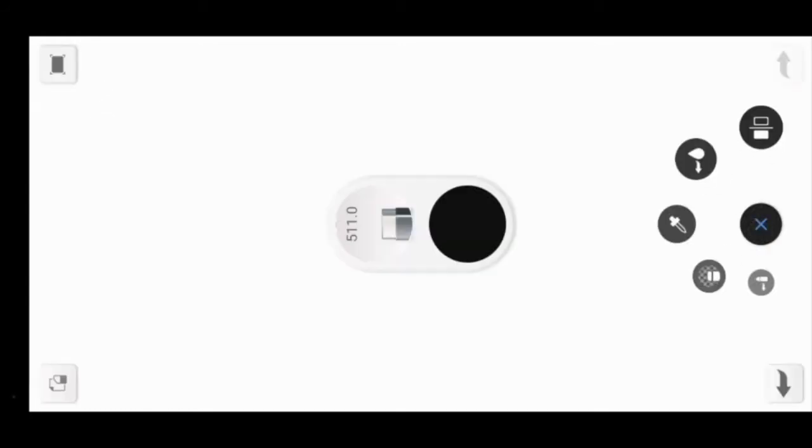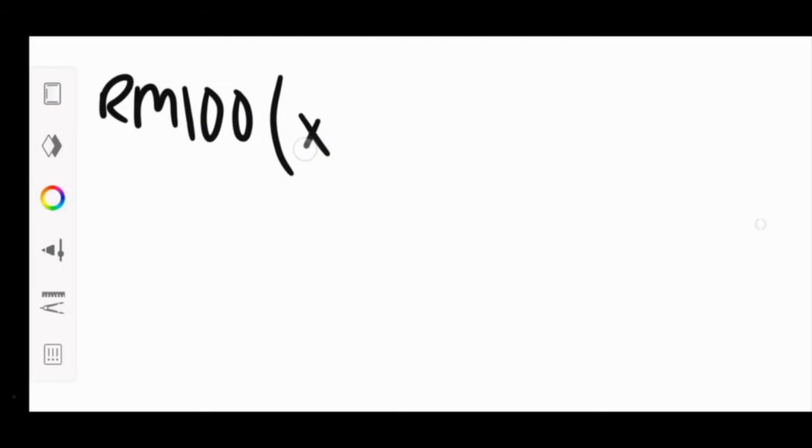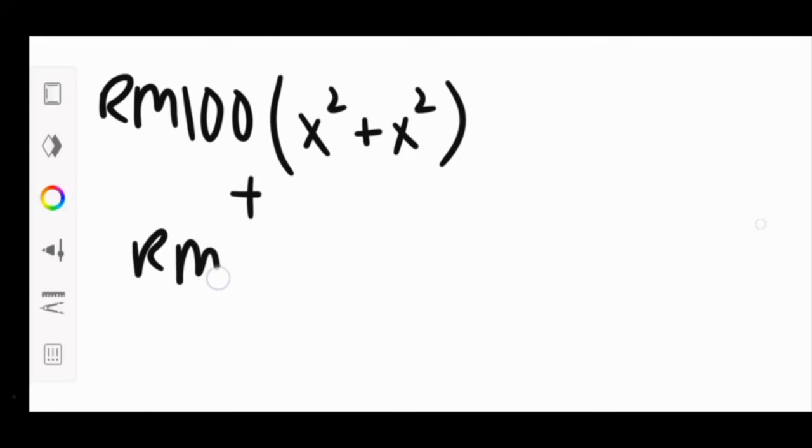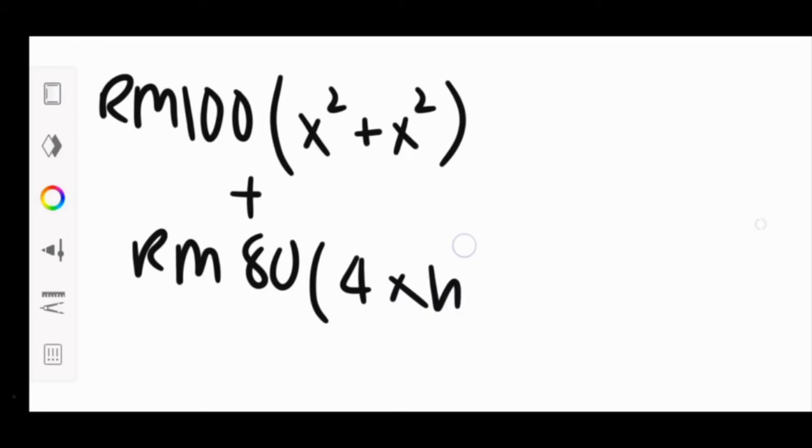Now we're going to substitute the value of cost into the equation that was given just now, which is Rm 100 times x squared plus x squared, plus Rm 80 times 4xh.